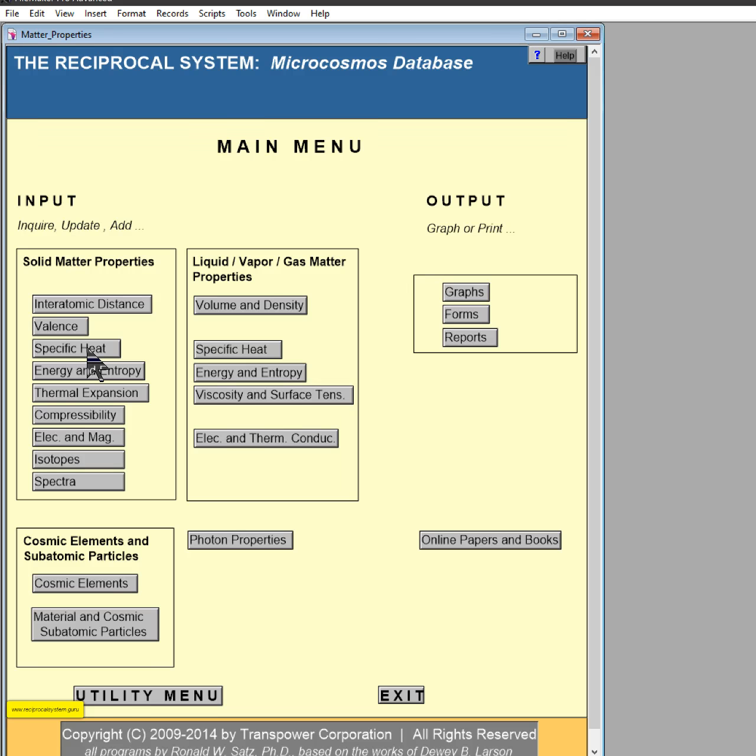This laptop I'm using here is the Lenovo ThinkPad P72.